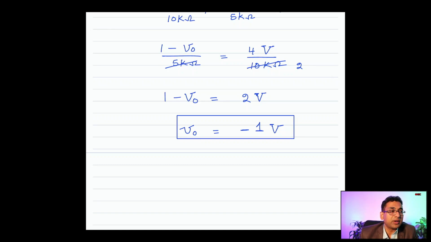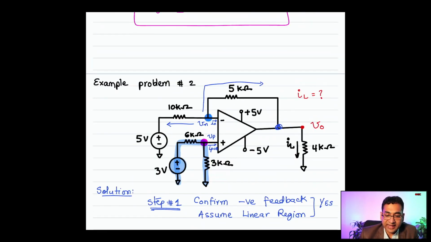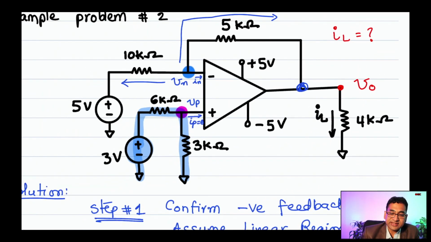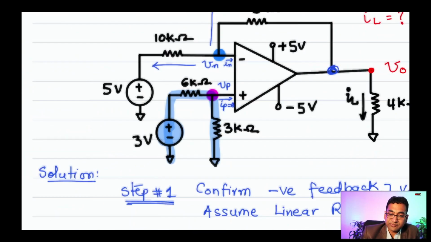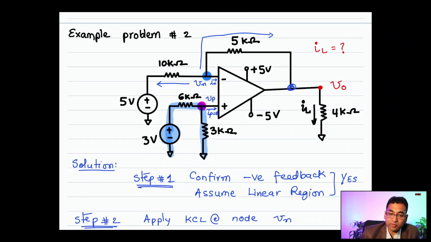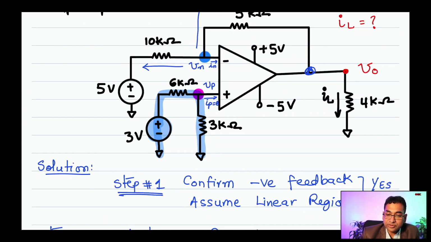Now that's not what we wanted to find out. We wanted to find out IL. What's the value of IL? But we just found out that Vo equals negative 1 volt.